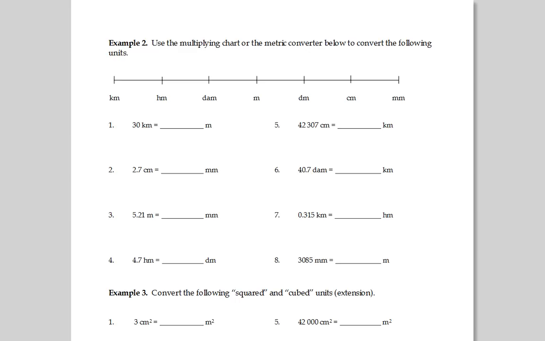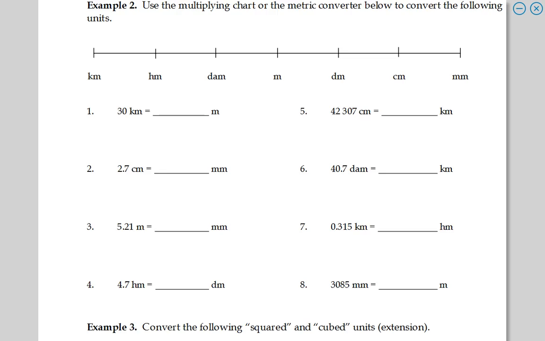Okay, so let's just do a couple of these quickly. Kilometer to meter, that unit got smaller, so my number needs to get bigger. How many moves? 1, 2, 3. So times by 10 3 times, and I get 30,000. See how quickly that can be?